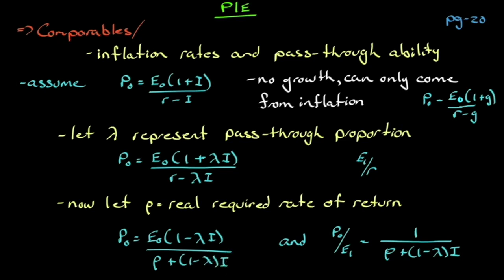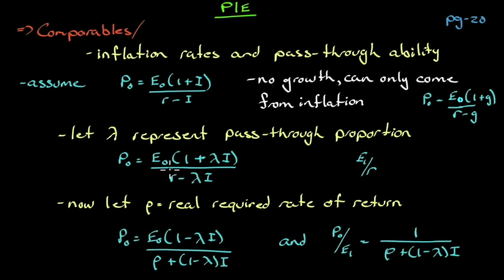To help see how that is, because going from here to here can sometimes be a bit of a difficulty, think about it this way. This is the real required rate of return plus some inflation expectation, and we are taking off of it the amount of inflation that we can pass through.